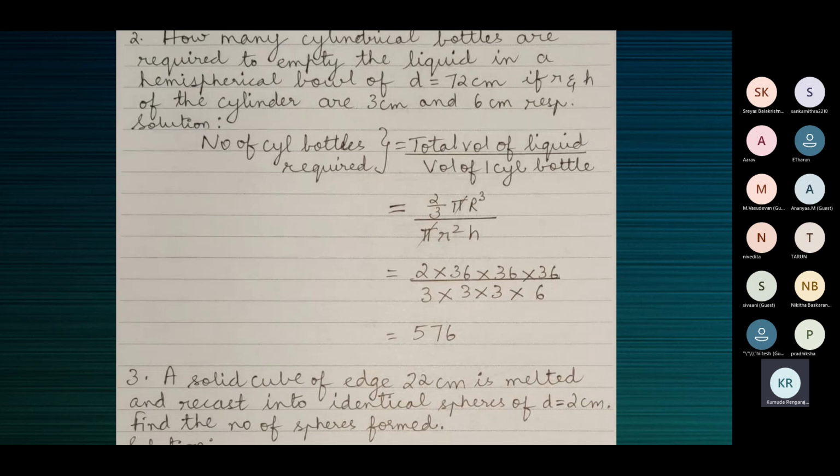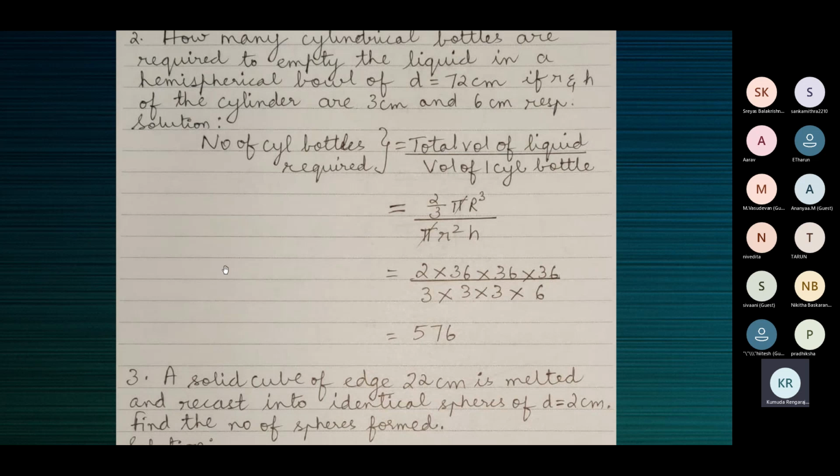For the hemispherical bowl, the diameter is given, so take the radius. The numerator is the total volume, the capacity of the hemispherical bowl, 2 by 3 pi r cube. The denominator is the volume of one cylindrical bottle, pi r square h.